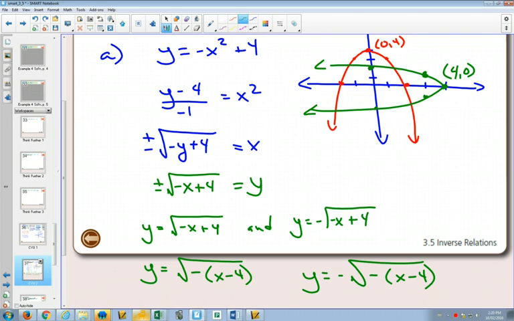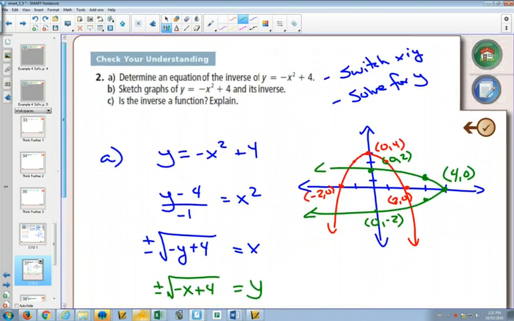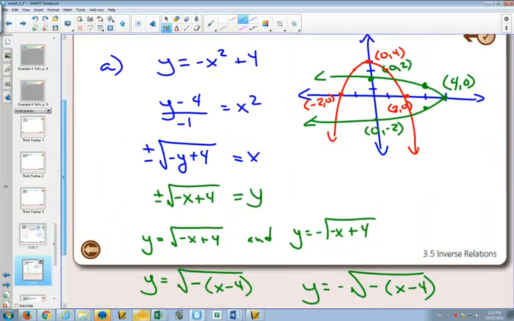And same thing, some other points you had, 2, 0. Now you have 0, 2. You have negative 2, 0. Now we have 0, negative 2. But our inverse isn't a function. So part A, determine the equation of the inverse.